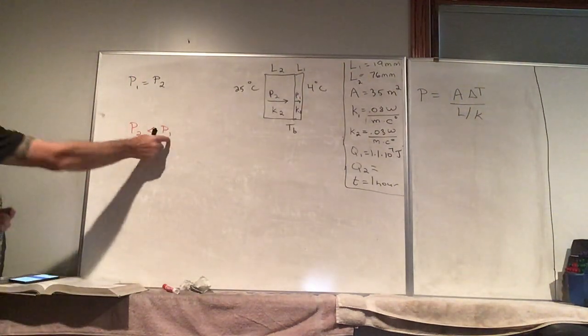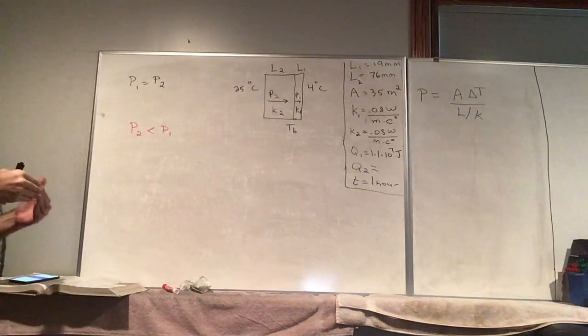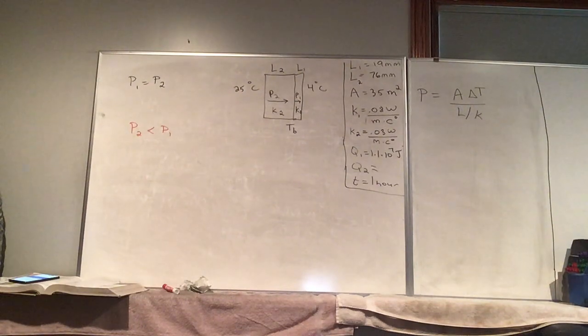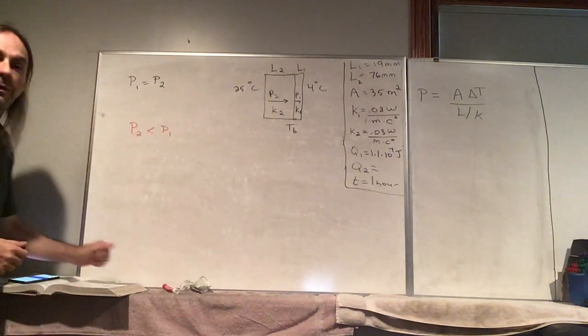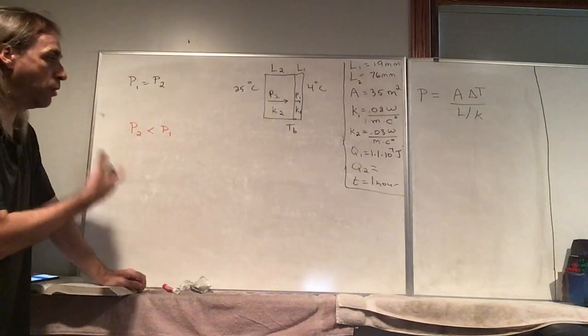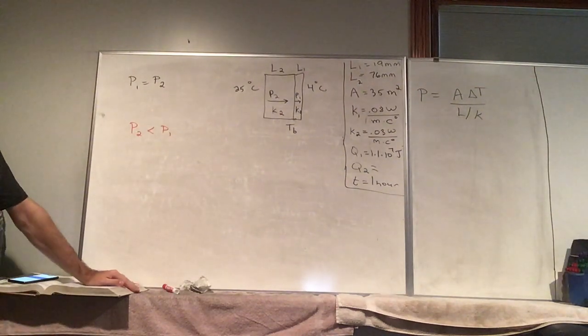And so if that happened, these two would become closer. They'd be coming together. And this temperature would continue to change, and these values would keep getting closer to each other until eventually these rates would be equal to each other.